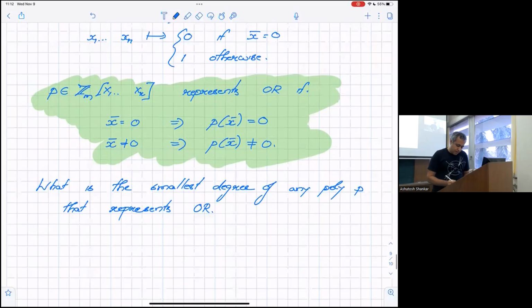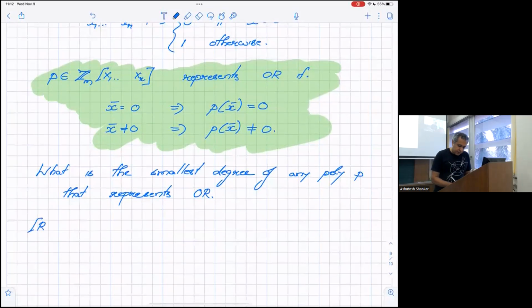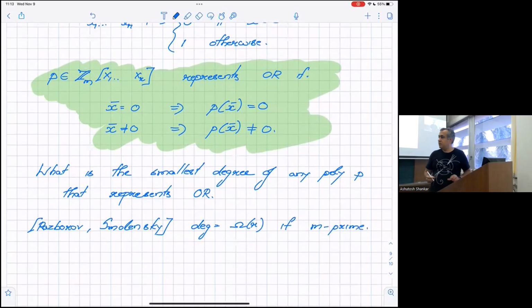And results of Razborov and Smolensky show that the degree is at least omega of r if m is prime. Basically, if you're working with a field.